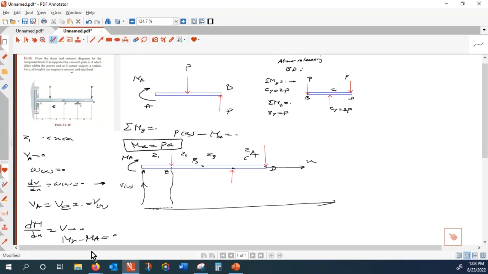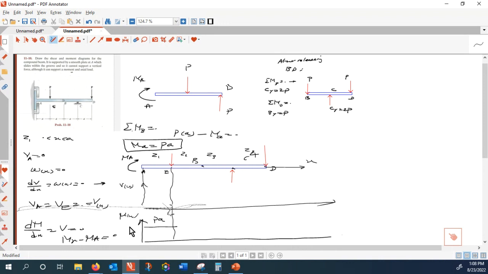So I conclude that M of x is constant in the first zone, and the magnitude is equal to PA. So in the first zone, the bending moment, M of x, is equal to PA.